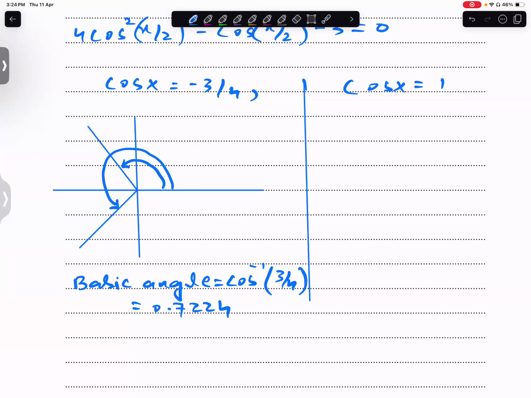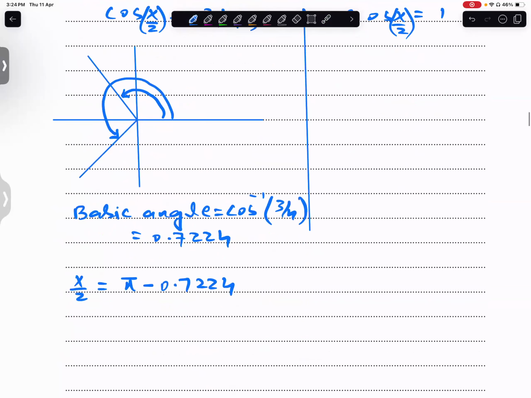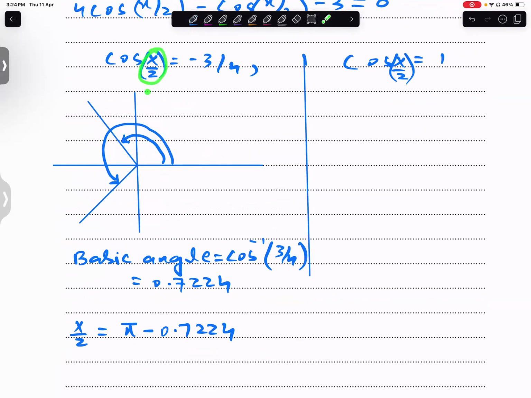So next, let's find the first angle. This is my first answer. So the first answer will be x over 2 is equal to pi minus basic angle. Now, why did I write x over 2? Because my question has the angle x over 2. So students, sorry, this was x over 2, not x. So that's why I wrote it here.